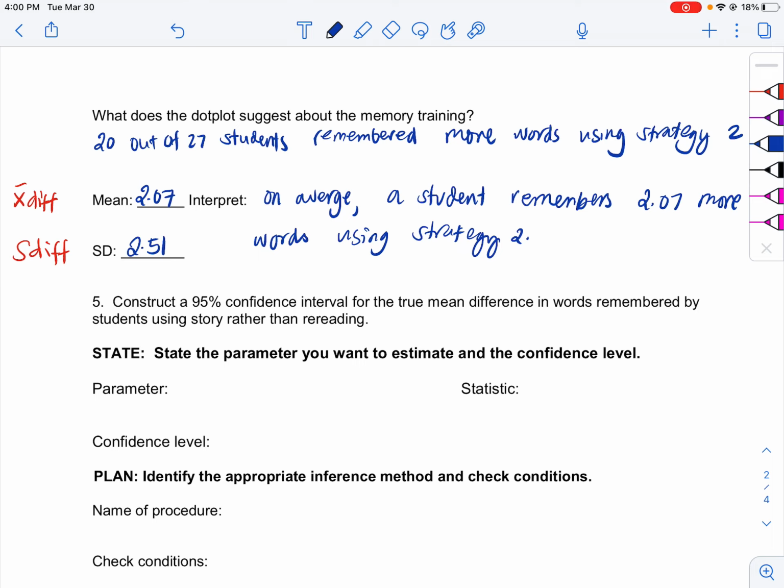We always have two different groups, two different means, two different standard deviations. But in here, we only have one mean and one standard deviation because we've subtracted each pair already. I hope you are seeing the difference between the two lessons.